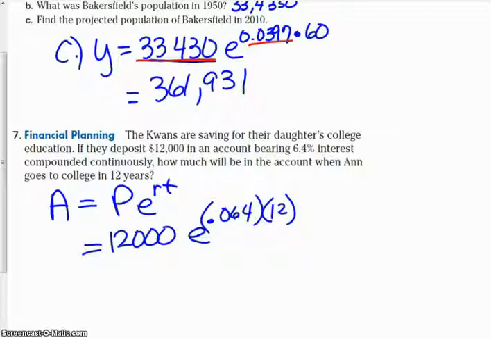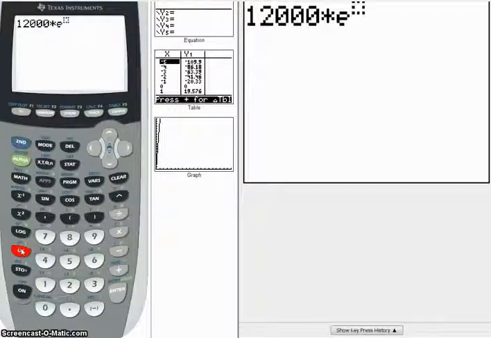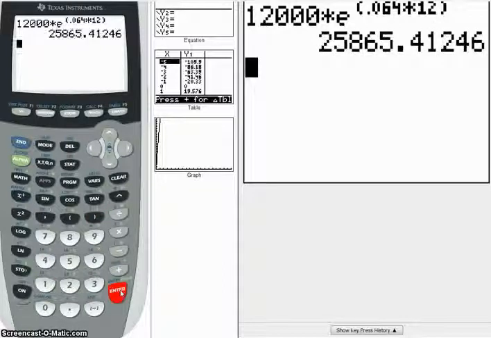All right, so let's work that through here. I'm going to get the calculator up. We had our 12,000, and we multiplied it by e to the power of 6.4%, so 0.064, times 12 years. We get 25,865, and I'm going to round it to that.